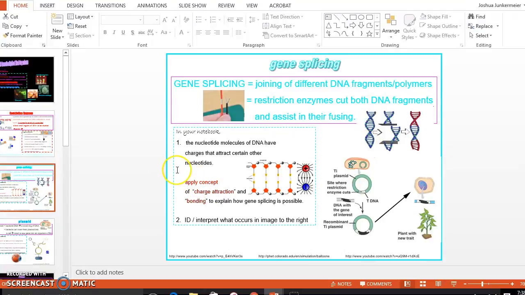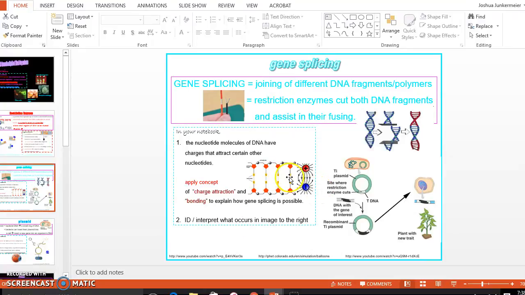Alright, let's look at the tasks. It says the nucleotide molecules of DNA have charges that attract certain other nucleotides. So the reason why DNA strands can bond to other DNA strands, the reason why DNA itself even holds together, is because the atoms and the molecules that make this large structure, or this polymer, have charge attractions.